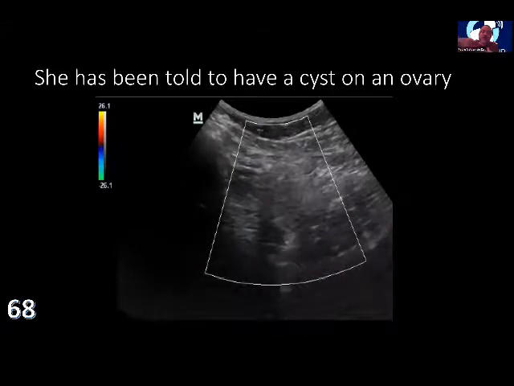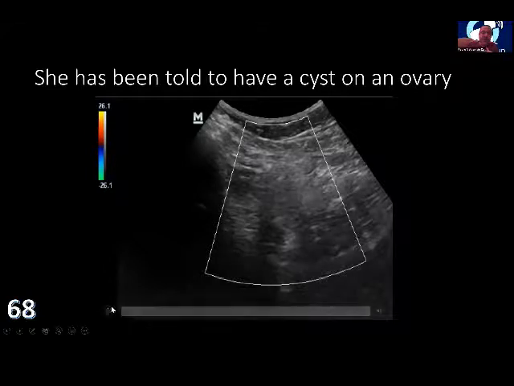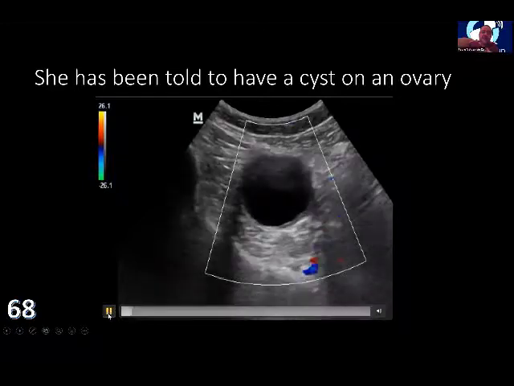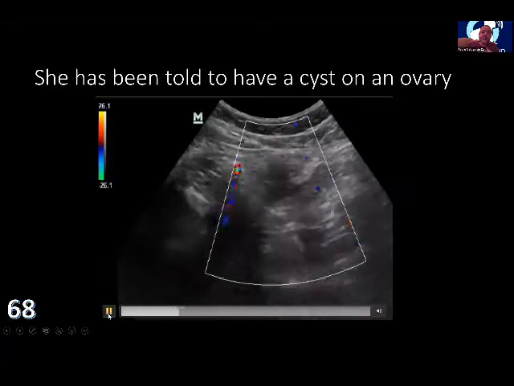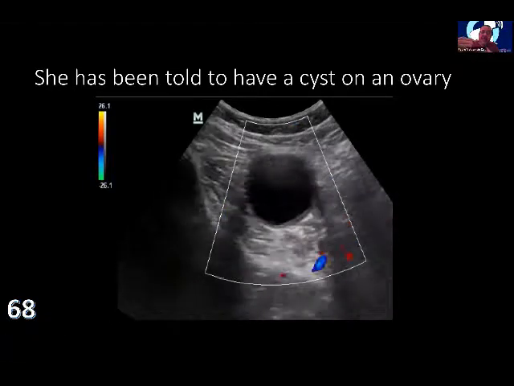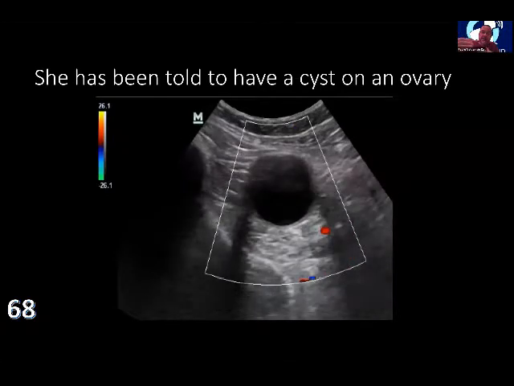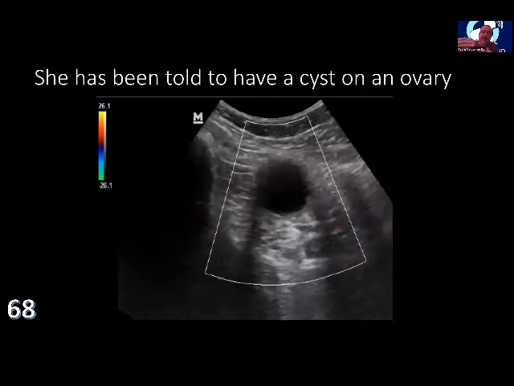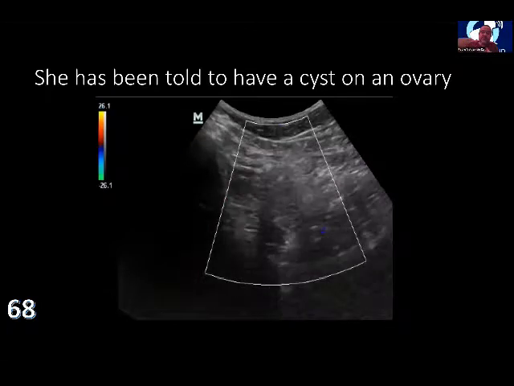What we don't see here is the uterus. We see a round cystic thing. This was high, like at the level of the navel, high for being ovary.